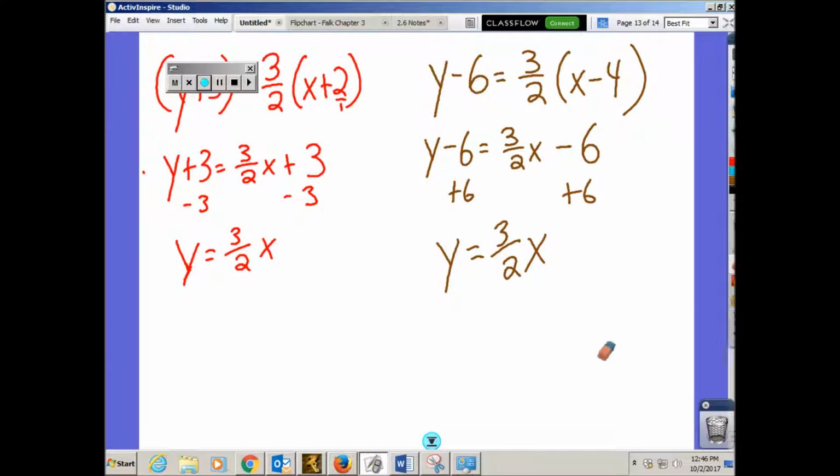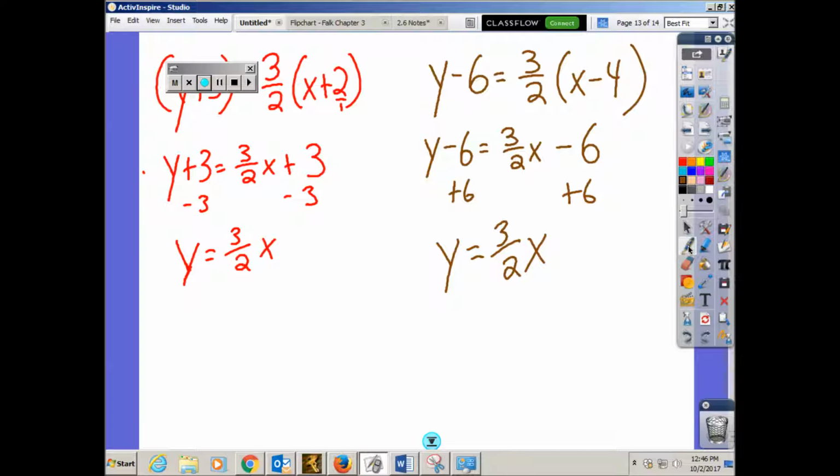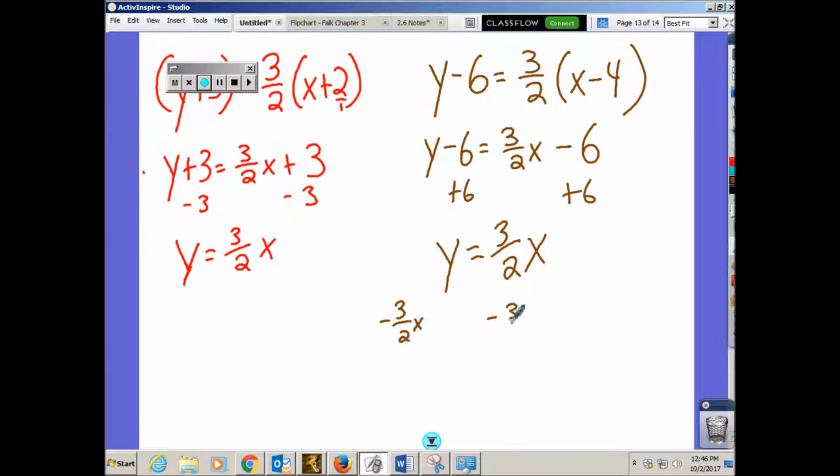Let me actually do it for you. Minus 3/2 x, minus 3/2 x. So here, I don't have any x's, correct? So I have negative 3/2 x. I have a positive y. All I had on this side of the equation was 3/2 x. And I took the 3/2 x away. What's left on that side?